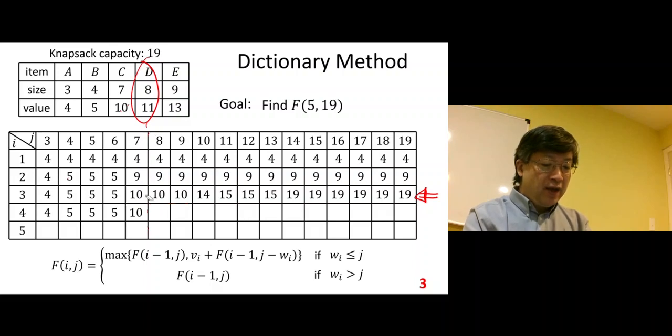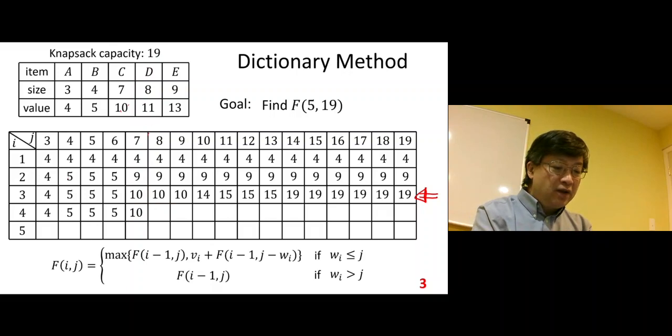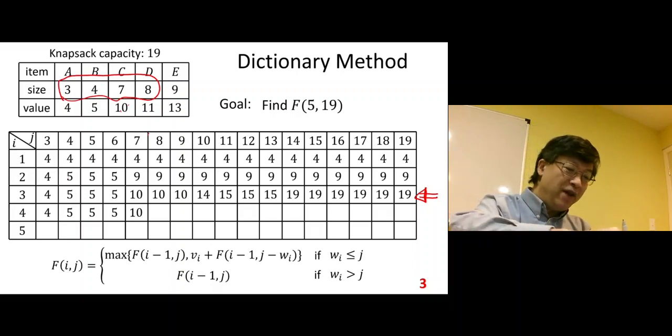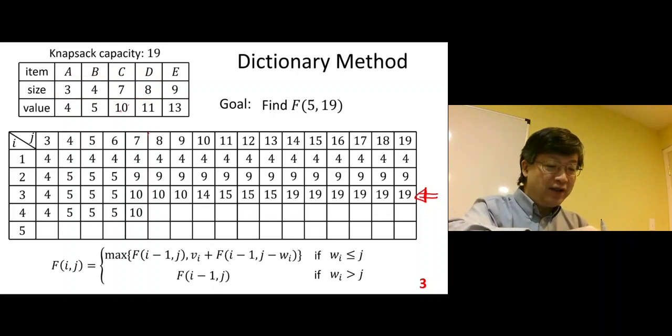Then the upper side: because the capacity of these 4 items adding together, 22, is more than 19, we don't have that part, so we don't worry about that. So now let's work on them one by one.